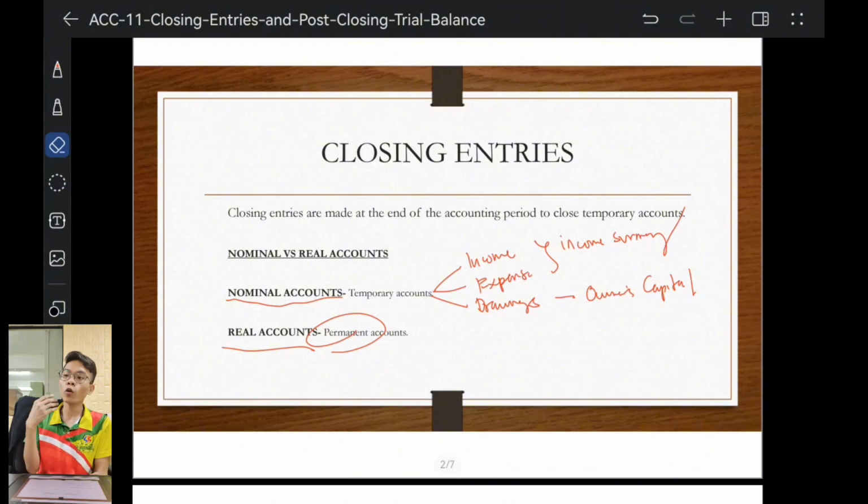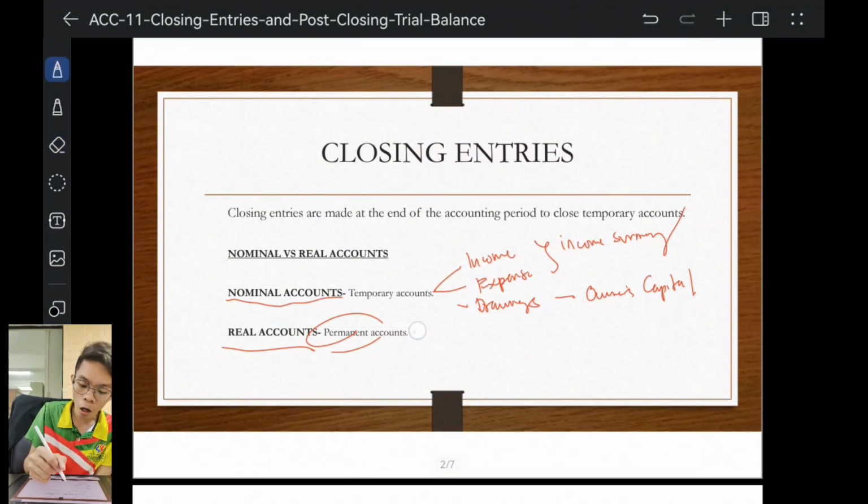Meaning, whatever balances we get during the year, we will still carry those balances to the beginning of the succeeding year. So what are the permanent or real accounts? Real accounts can be found in our statement of financial position or the balance sheet.